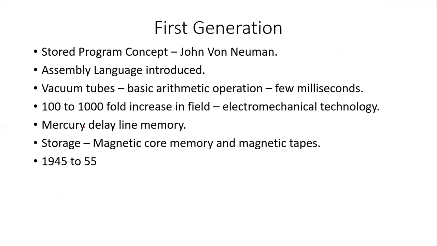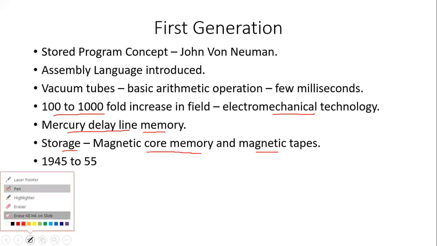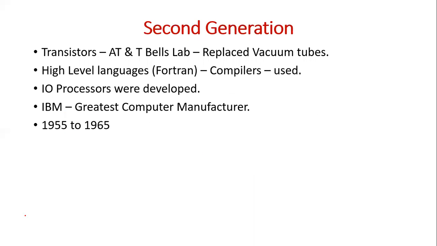So there was an improvement in speed of 100 to 1000 fold compared with electromechanical technology. These computers used a type of main memory called mercury delay line memory. For storage, they used magnetic core memory and magnetic tapes. This is a brief introduction to the first generation computers.